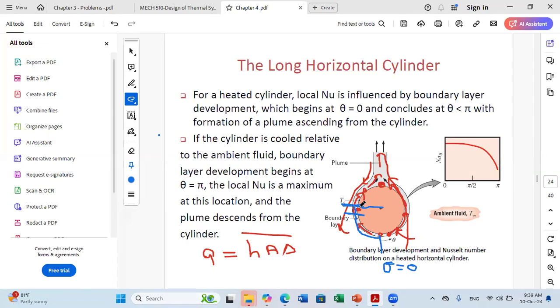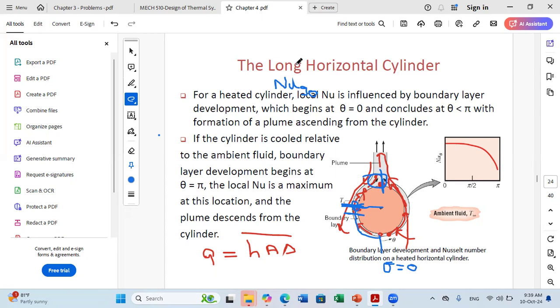If I ask you this when I specify a location, you tell me I need to determine the Nusselt number at this location, theta at 90 degrees. It will be different than the Nusselt number, for example, at 180. Because look, the boundary layer here is different than the boundary layer thickness here, and this will affect the value of the Nusselt number.